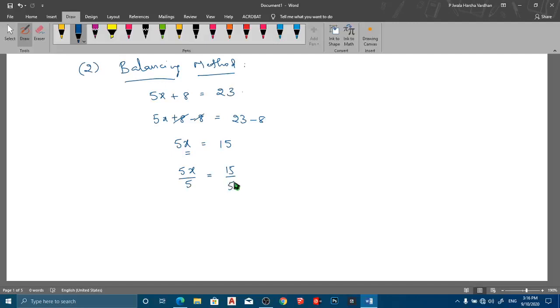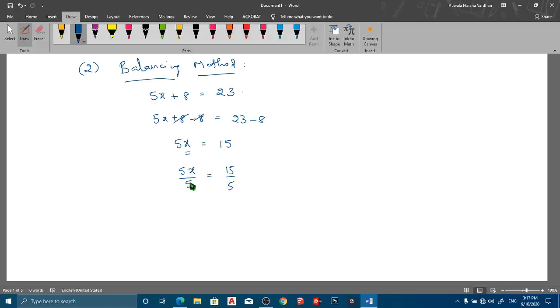You have to balance the equation on both sides. That's why it is called the balancing method. To balance the equation, you have to do the same operation on both sides. If you subtract something here, you have to subtract in the right side also. If you divide, you have to divide the right side also with the same number. Remember, the same number.